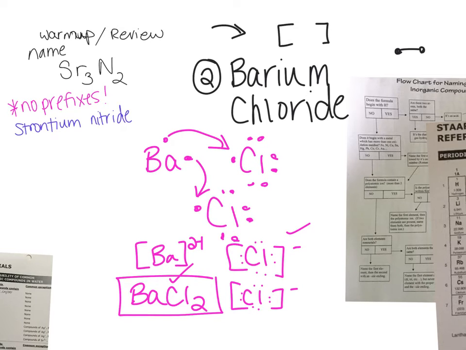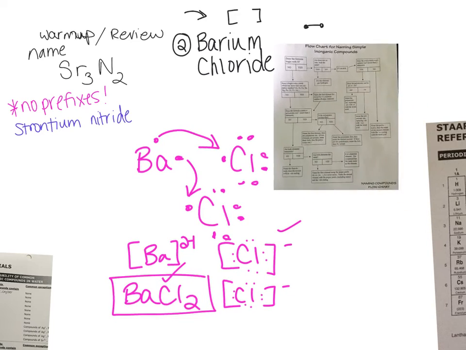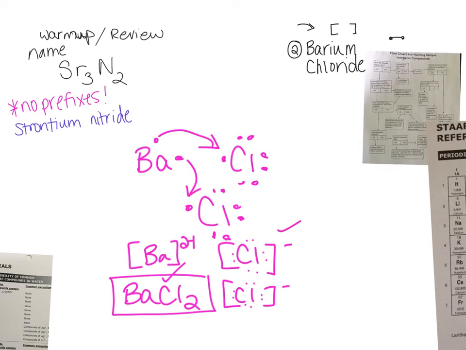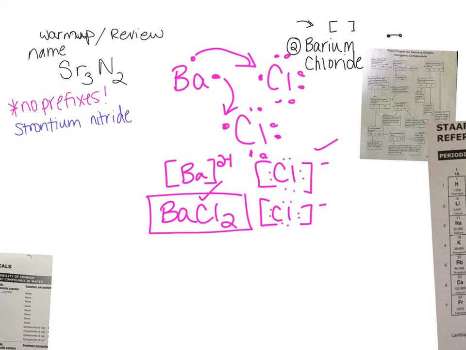Now the quicker way to come up with that formula, move these out of the way real quick. Okay, so the quicker way to come up with the formula is we would have Ba, he has a +2 charge, so worrying about the charges now, right? So he's in group 2, he's 2 away from going backwards to a noble gas.